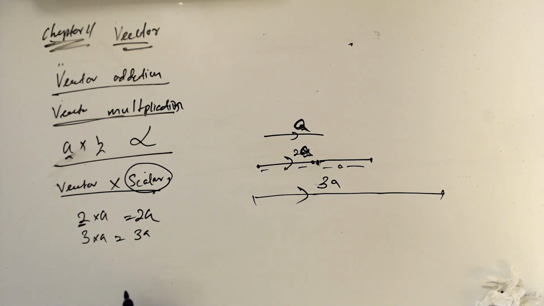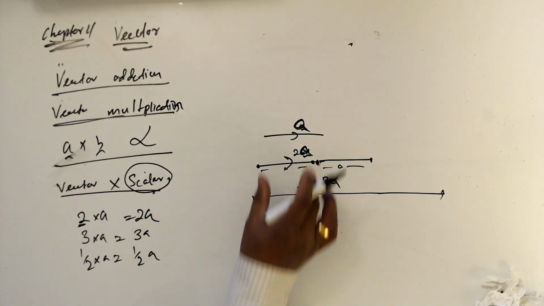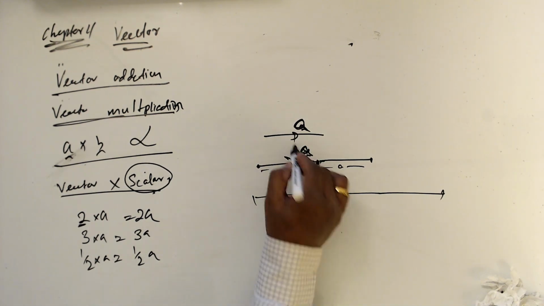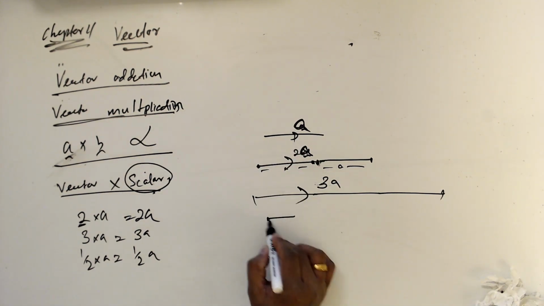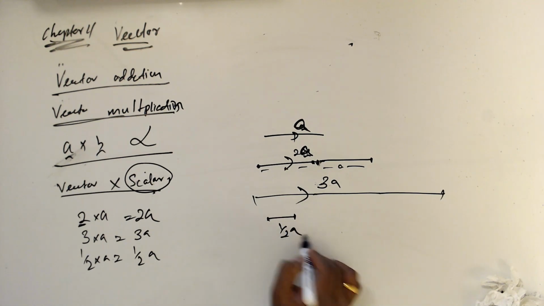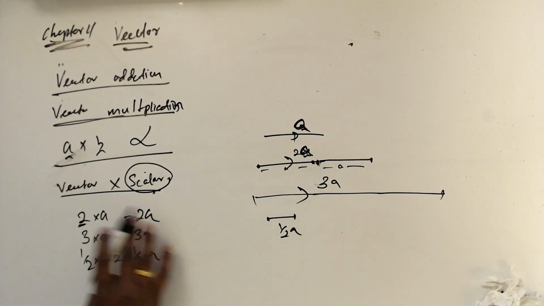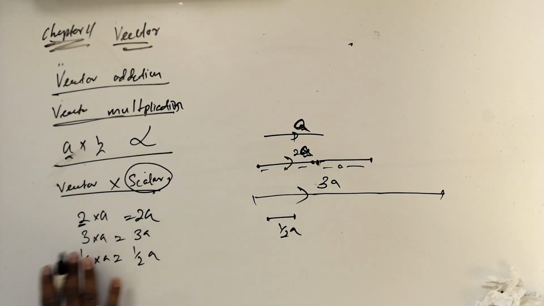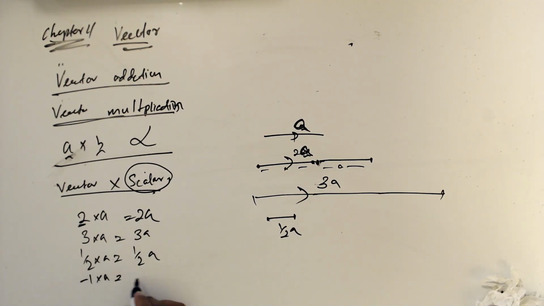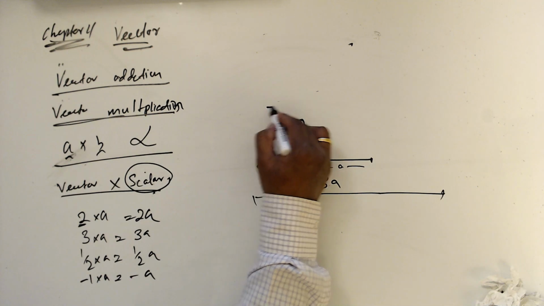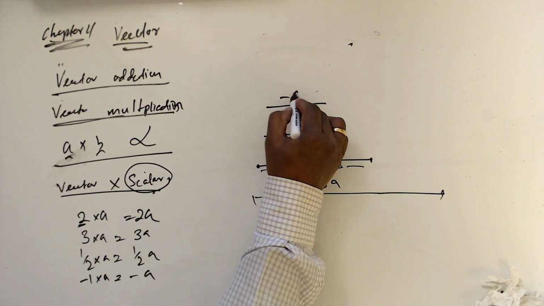And if you multiply by half, what is the command? Half A. Make it shorter, half of it. So this is half A. If you multiply by minus 1, minus A, it means you give a command to reverse it.